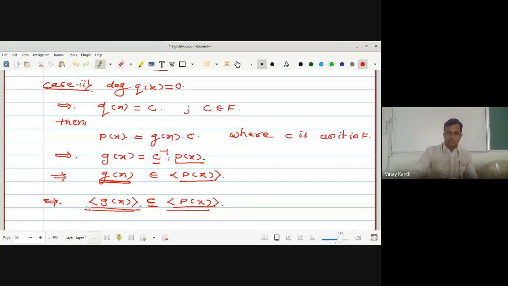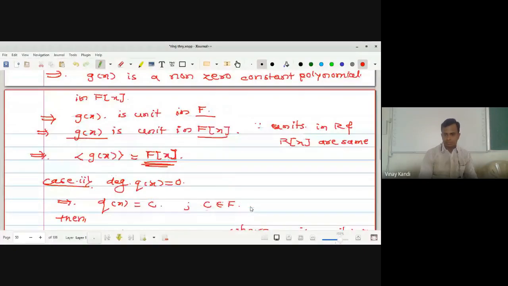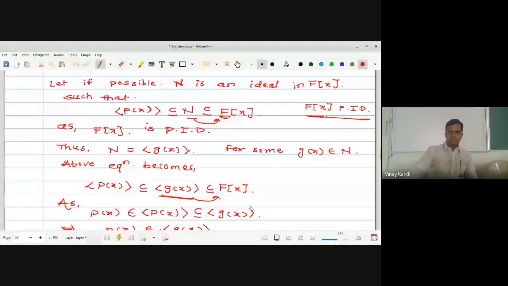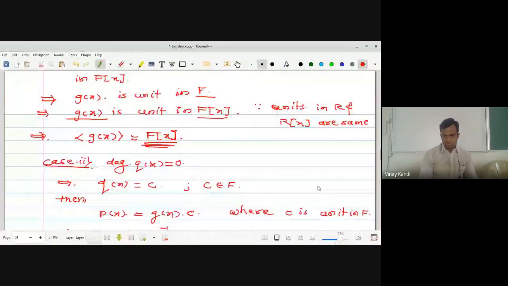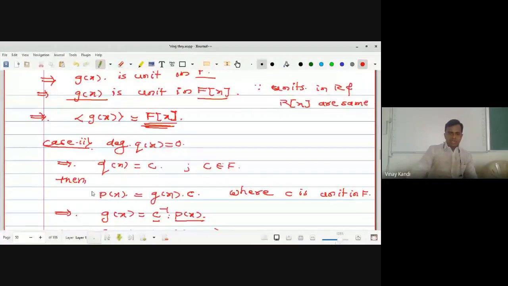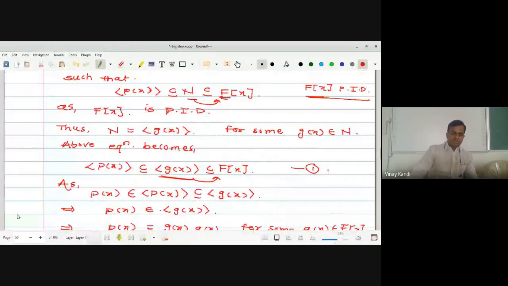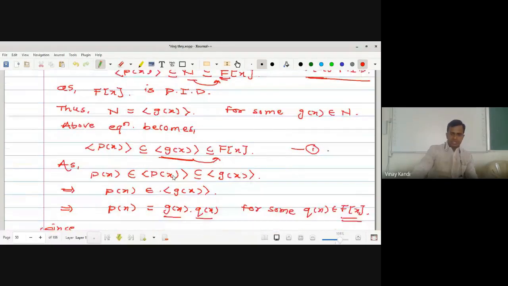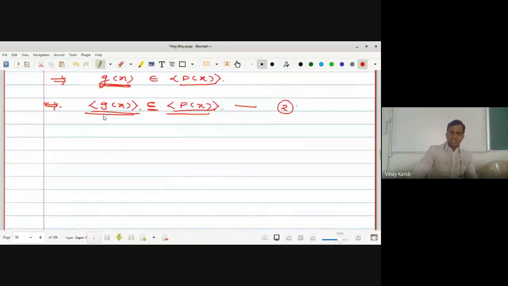Suppose give this the equation number 1 and this one the equation number 2. इथे बघा इक्वेशन 2. इक्वेशन 1 मध्ये काय, आयडियल जनरेटेड बाय p of x is contained in ideal generated by g of x, and in the equation number 2 ideal generated by g of x is contained in ideal generated by p of x.